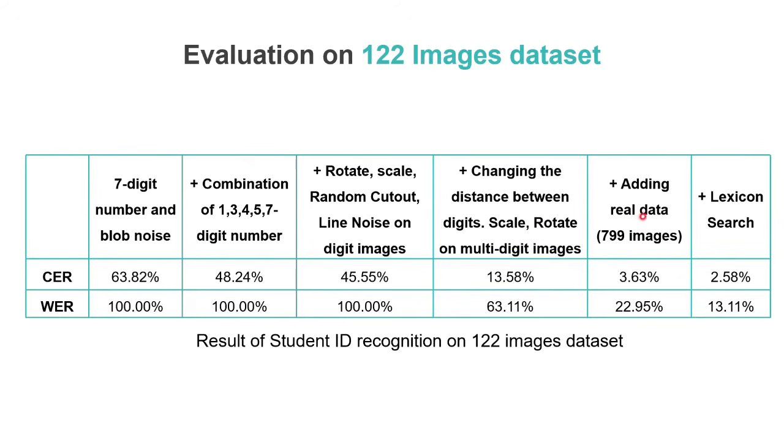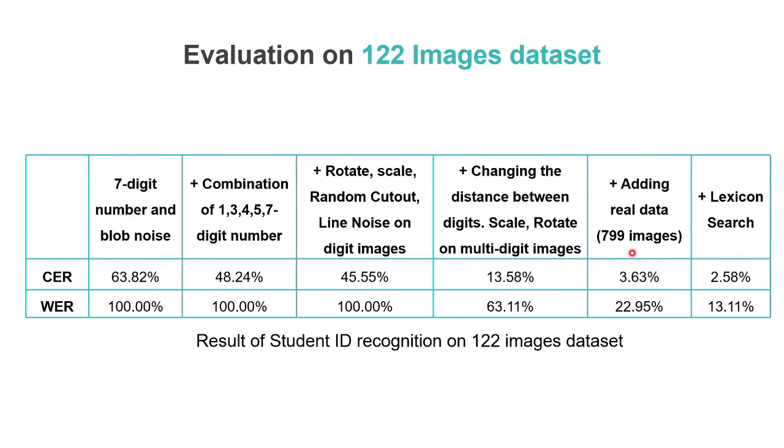Then I add real data, about 800 images, which include 250 images of numbers with variable length, for student ID recognition, and the remaining 550 images are for scores, like 1.25, 7.8.